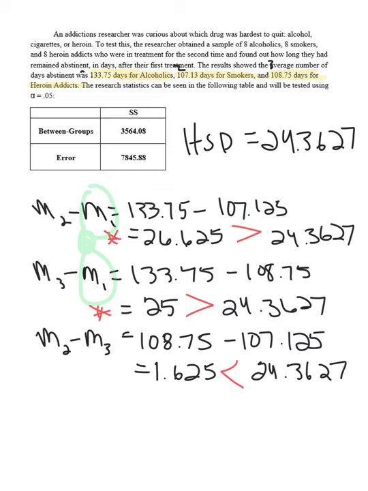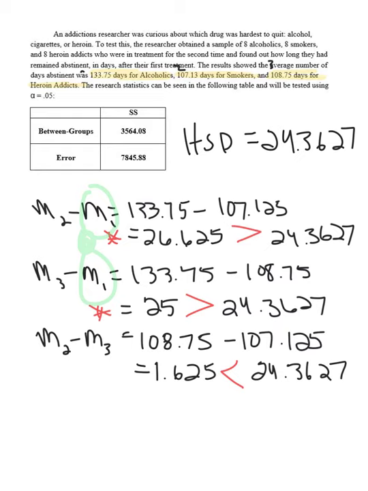So basically what it's saying is alcoholics were able to stay abstinent much longer than smokers or heroin addicts. This is based off of real data. It is actually found to be harder to quit smoking than any of the other addictions, probably partially because it's more socially acceptable than heroin, I'm thinking. But it is a very difficult one to beat.